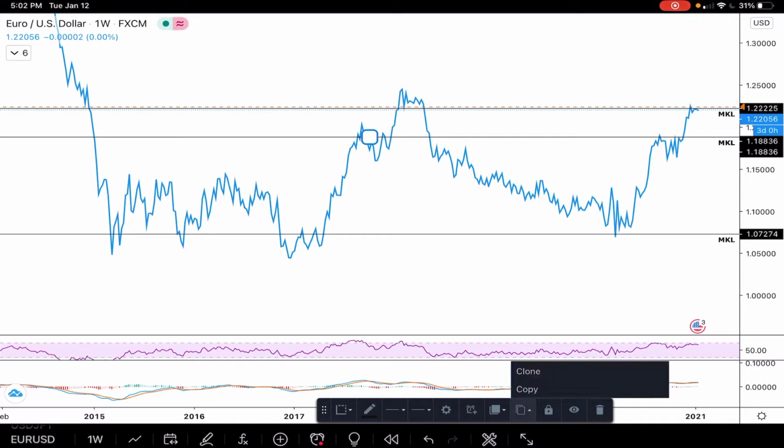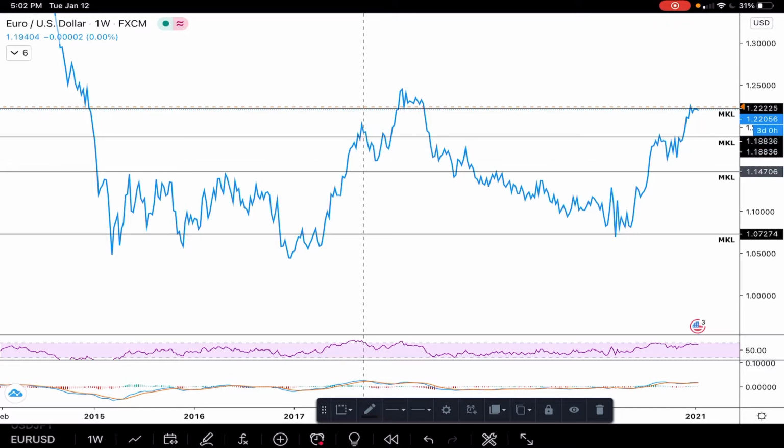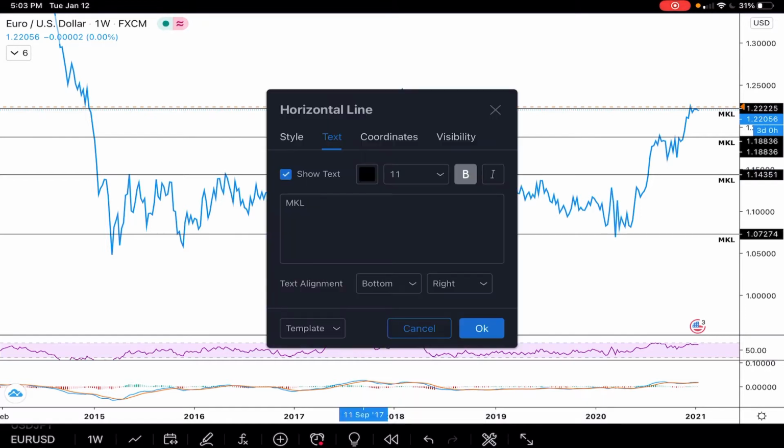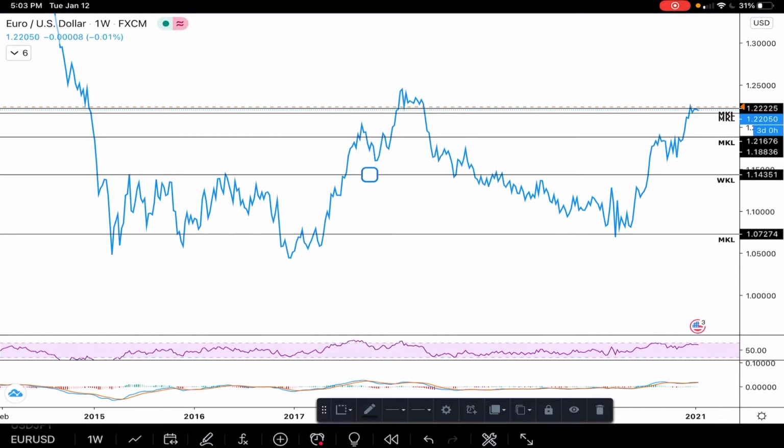Okay, maybe that didn't work. Or it did. That was a little confusing. This is a weekly key level. I think it's pretty self-explanatory where I find that at.